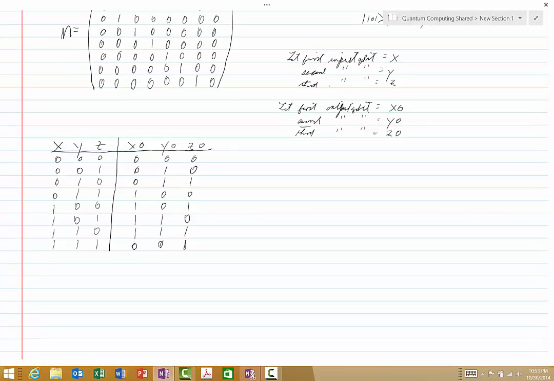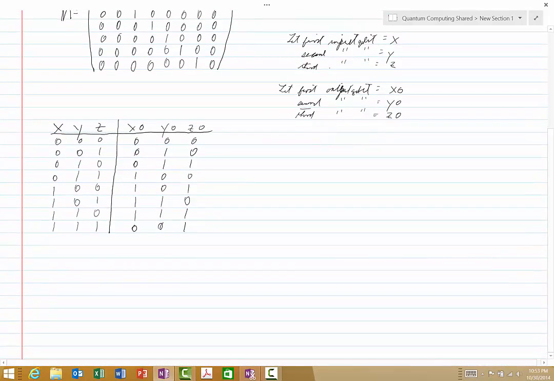So now that we have this information, we can find a Minterm expansion for each of these functions. And let me show you what I mean there. Okay? Since XO is equal to 1 when X is 0 and Y is 1 and Z is 1, that means that XO is equal to X prime Y Z. Notice that this expression right here is a Minterm because it involves all of the input variables.